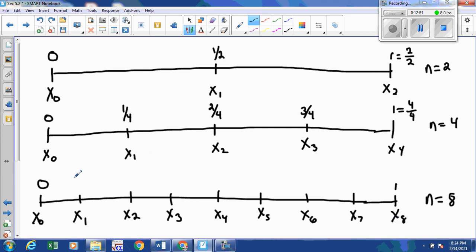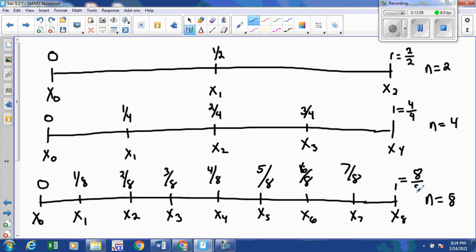Now, if we fill these values in, this would be 1/8, 2/8, 3/8. And notice the numerator for each of these is the same as the x sub whatever on the bottom. So 1 is 8/8. So x sub 4 to x sub 5, this subinterval is 4/8 to 5/8.